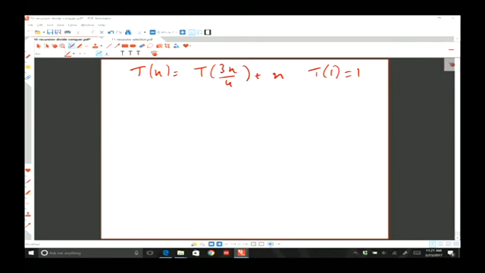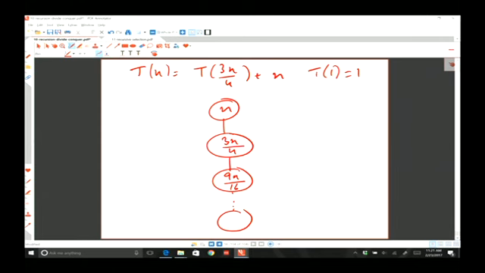Okay, so let's draw it. Only one child though, right? n, 3n over 4. So what is the total work we do, you think?